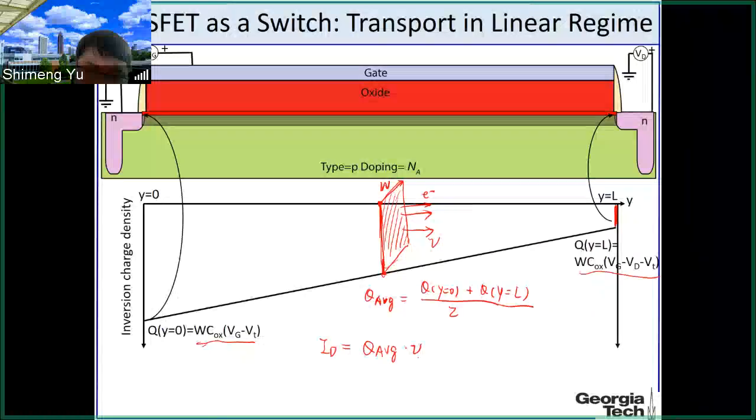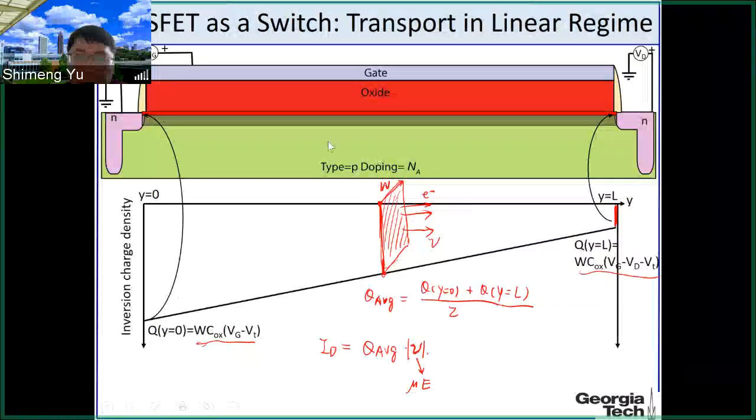And let's say the velocity v depends on what? This is a drift current. You have the drain voltage, external voltage. So this drift, if you recall, the absolute value is mu E. What is mu? Mu is the mobility. E is the electric field. So this is from lecture 6 on the drift currents. Velocity is proportional to the electric field and the mobility.